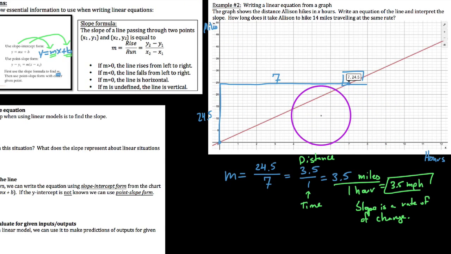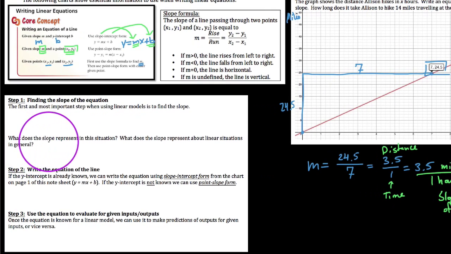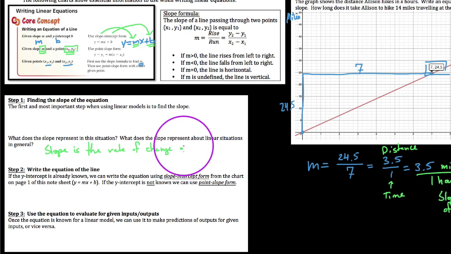So she's going about 3.5 miles per hour, and it looks like she's got herself on cruise control here because it's a linear relationship. So we say, what does the slope represent in this situation? Slope is the rate of change of y with respect to x.